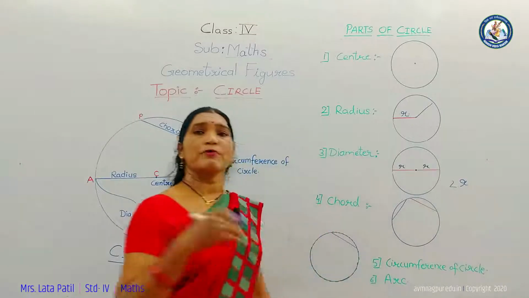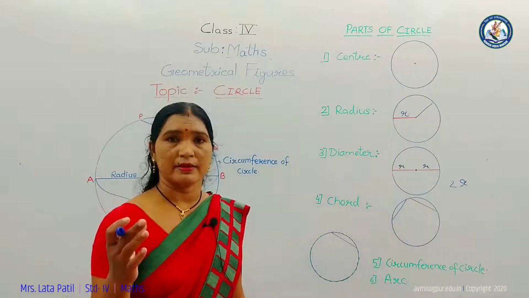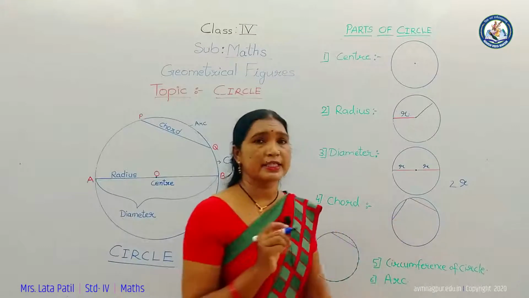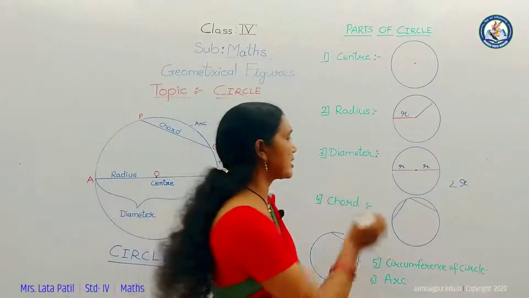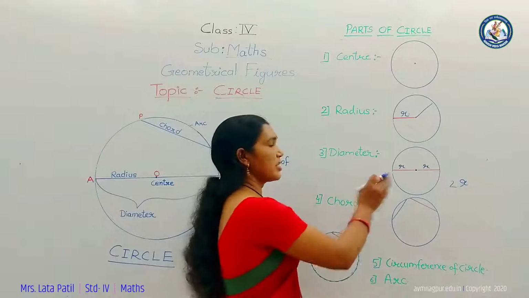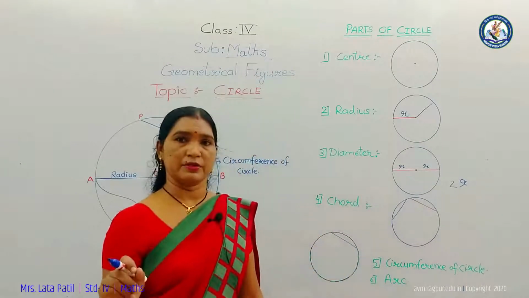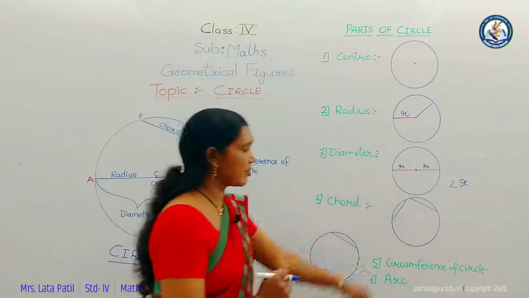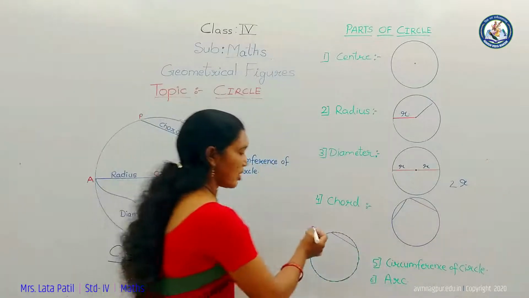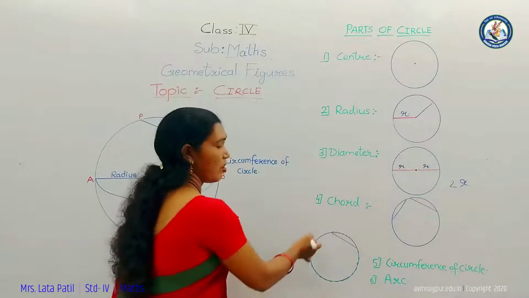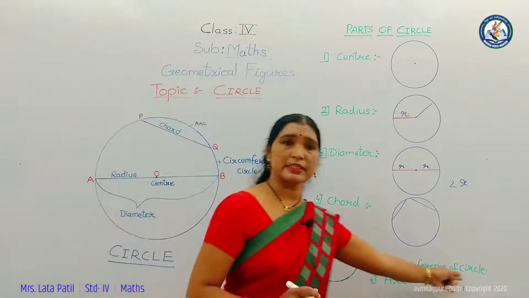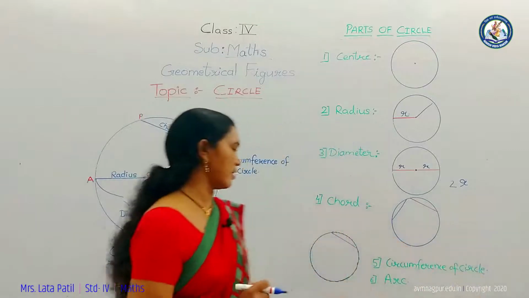The chords may be of different lengths, and the longest chord is the diameter. Okay. Now next comes the circumference of the circle. The outer ring of the circle is called the circumference of the circle.